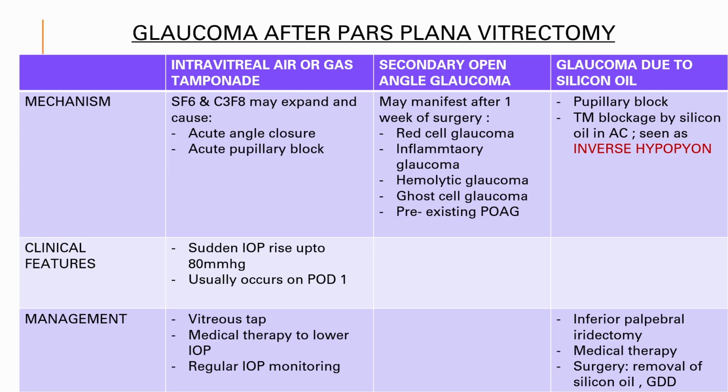Then secondary open angle glaucoma may manifest after 1 week of surgery and it may be due to red cell glaucoma, inflammatory glaucoma, hemolytic glaucoma, ghost cell glaucoma, pre-existing primary open angle glaucoma.